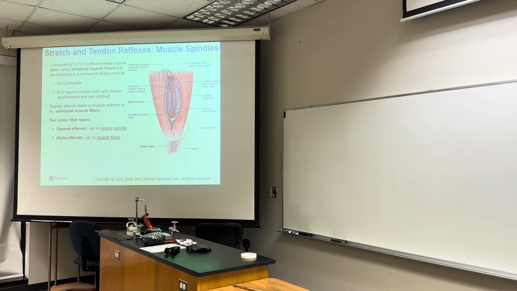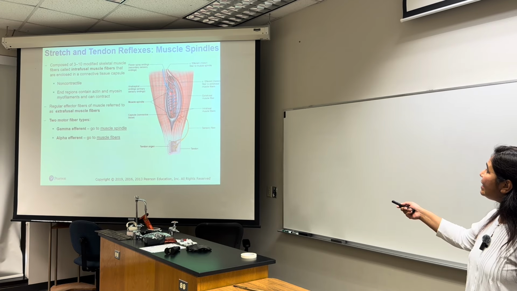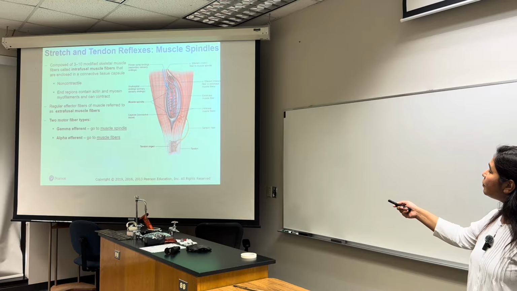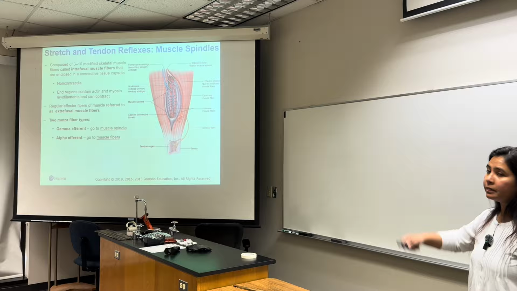So now, before we talk about the stretch and tendon reflex, I want you to understand that part of your skeletal muscle has this muscle spindle. In the muscle spindle, we know that it is a spindle-shaped muscle. You have the intrafusal muscle fiber and the extrafusal muscle fiber.